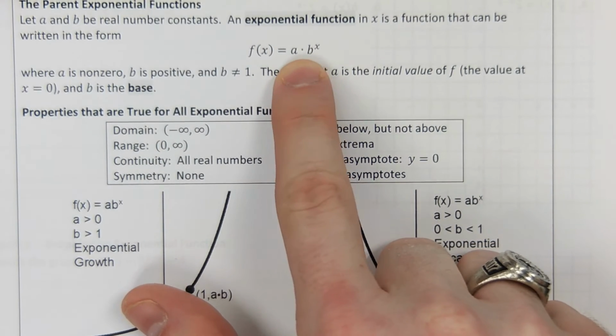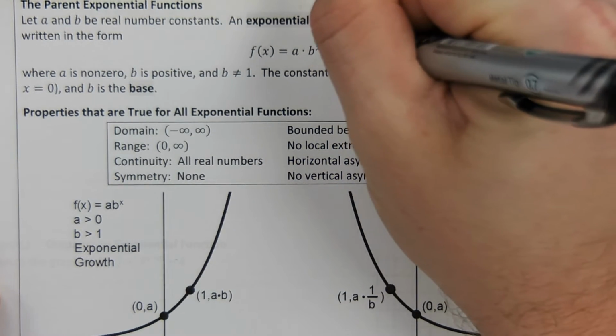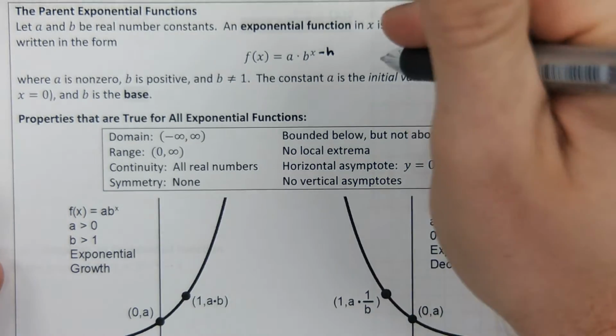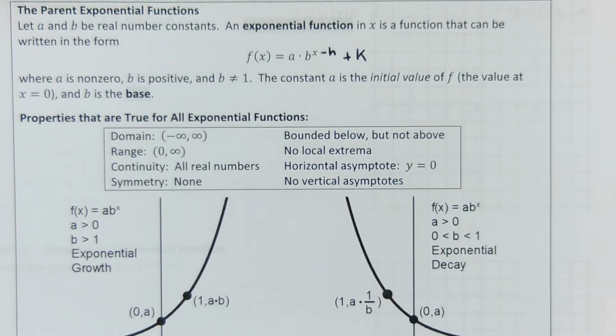Our textbook authors say that this is the parent exponential function. I'm going to respectfully disagree, and I'm going to include a couple more pieces of it. You should have a minus h in your exponent position and a plus k afterwards. And we have used the letters h and k before in our mathematics, specifically when we talked about parabolas.